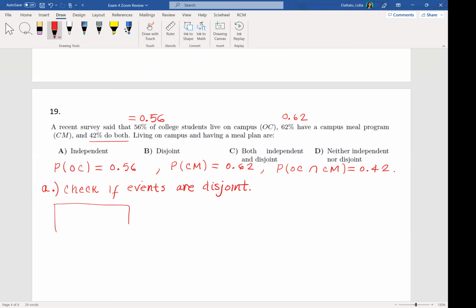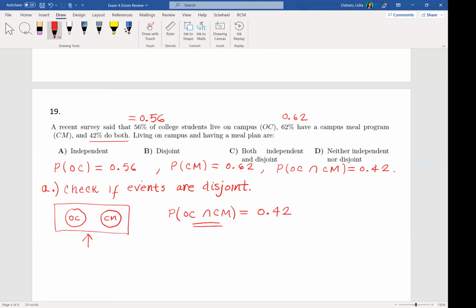Disjoint means I have events OC and CM, and that they have nothing in common. There's no intersection. Now, we were given that the probability of OC and CM equals 0.42. That means they do have some commonality and there's an intersection.